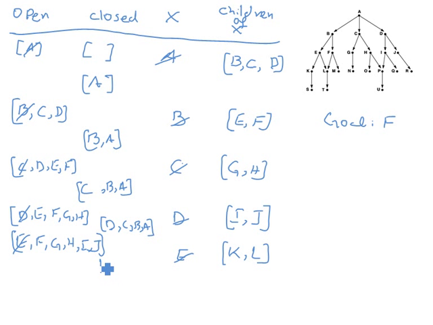In this case, it will be E, D, C, B, and A, and then we will put the children K and L at the right side of the open set. F, G, H, I, J, K, L.